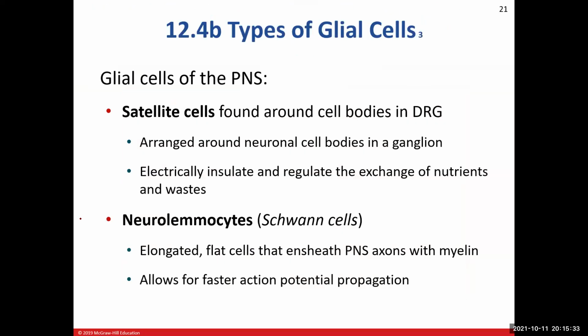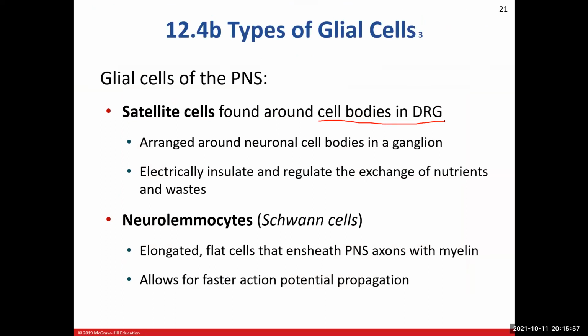All right, so those were the glial cells of the central nervous system. The glial cells of the peripheral nervous system are a little bit easier because there are only two that we're going to talk about: the satellite cells and the neurolemocytes, also known as the Schwann cells. Think about the satellite cells. You're only going to find these around the cell bodies in the dorsal root ganglion or the posterior root ganglion.